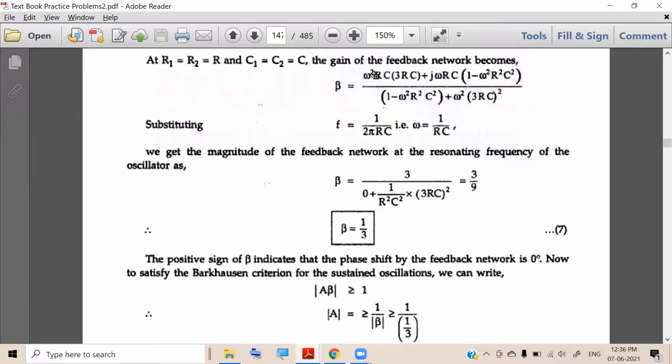Your screen is not moving. Screen is not moving. Okay. Anyway, are you able to see the beta expression, students? We can only see the first case. Okay, I will do one thing. I will stop sharing and again I will share.